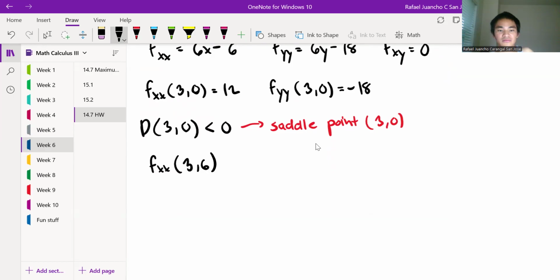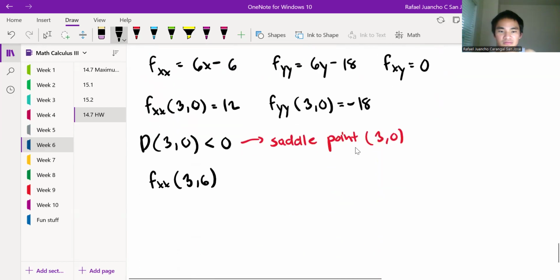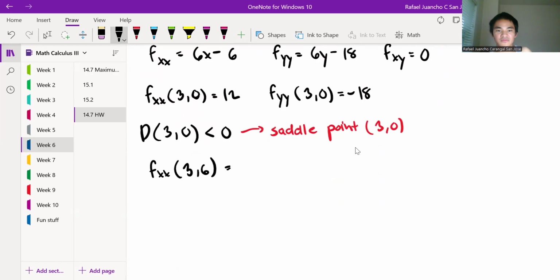Okay, let's test out my (3, 6). So this one is, if I plug in my 3, I still get 12, right? If I plug in my y, I get something different. Here I get 6 times 6, that's 36 minus 18. Well, now I got a positive value actually. So I get 18 here.